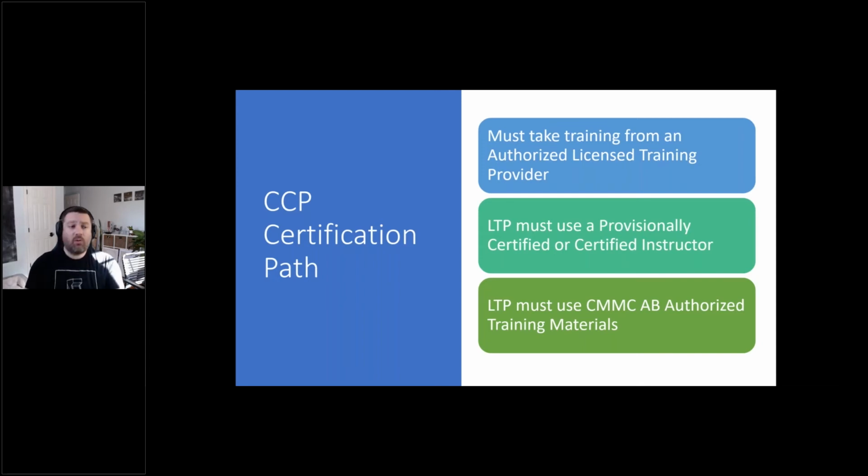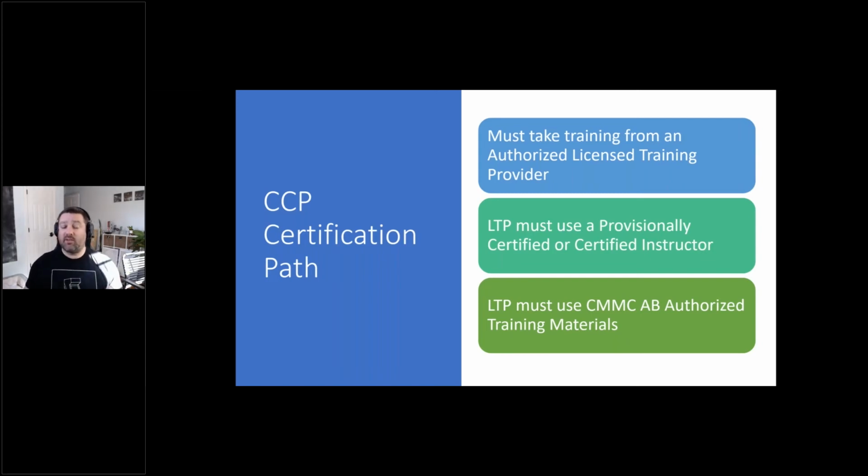But the only way you can get CMMC certified is if you take a training from an authorized licensed training provider like United Training. That LTP has to use a provisionally certified or certified instructor. And that LTP, aka United Training, must use CMMC authorized training materials, or what's called CADM.